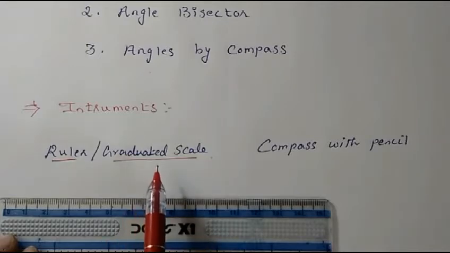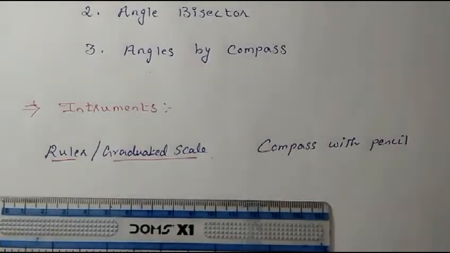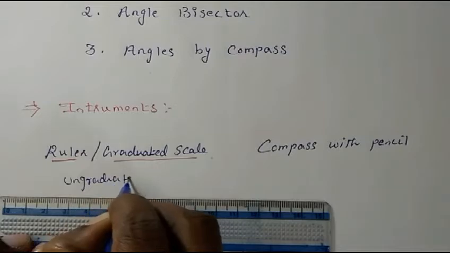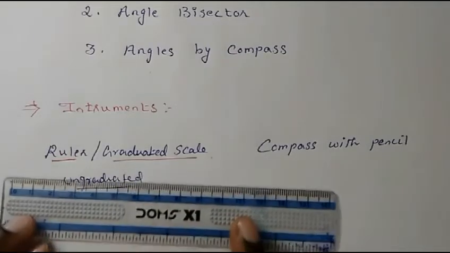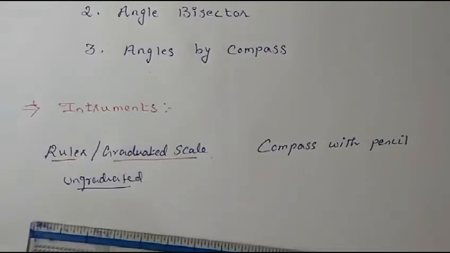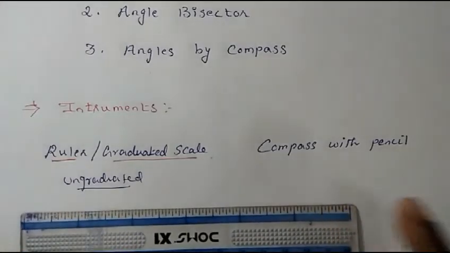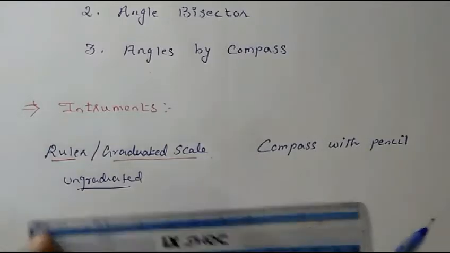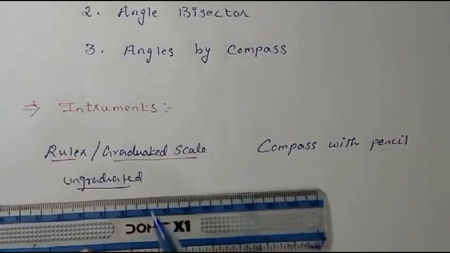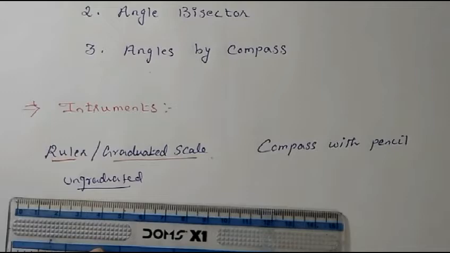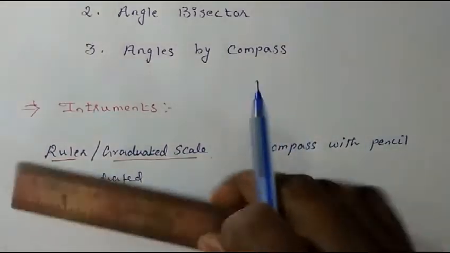For this construction you don't need a graduated scale, you can use an ungraduated scale also. Why ungraduated? There is no need of any measurement. There won't be any measure as such because sometimes we don't need it. That's why sometimes we use an ungraduated scale. If you have centimeters on one side and inches on the other side, that you call a graduated scale.